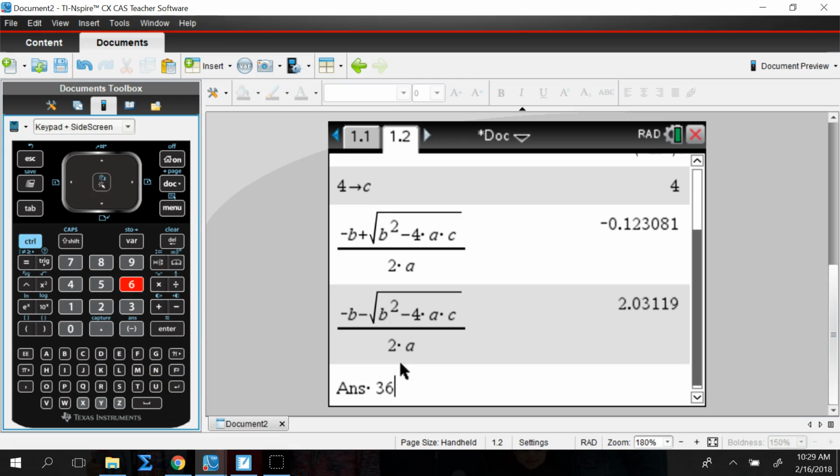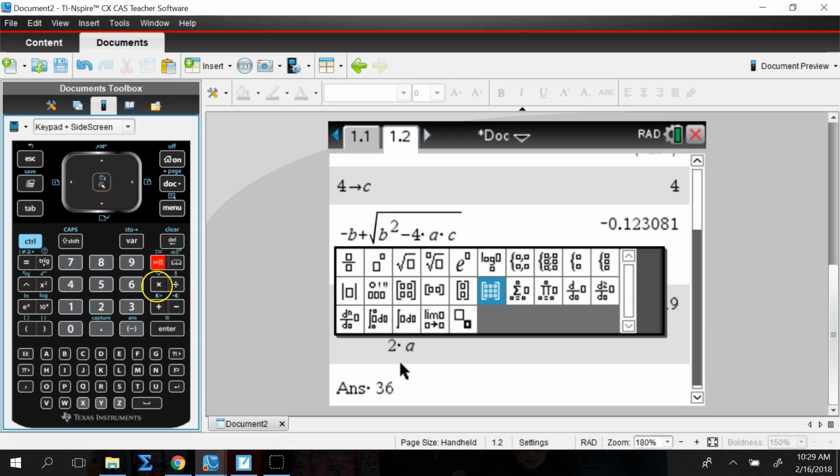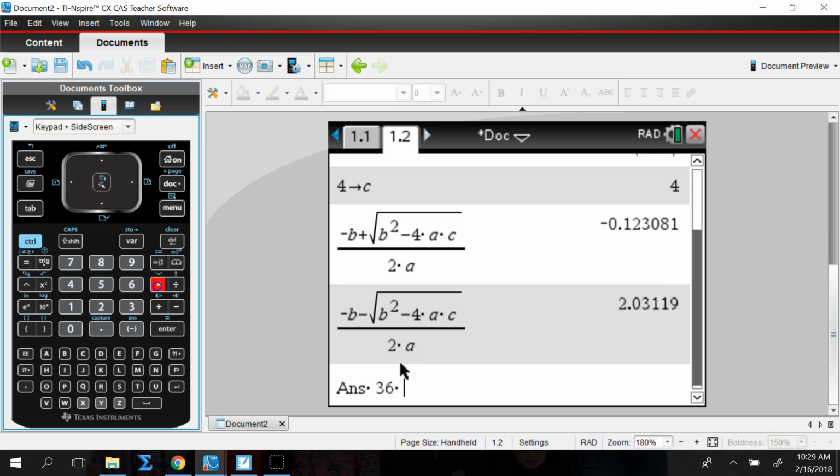Times 36 times the cosine of 58 degrees.